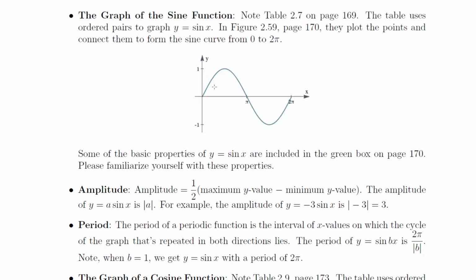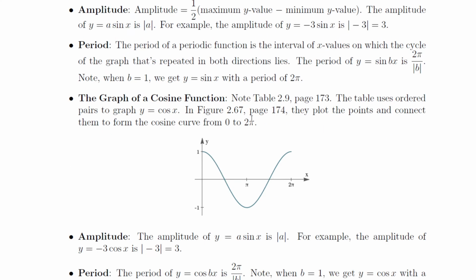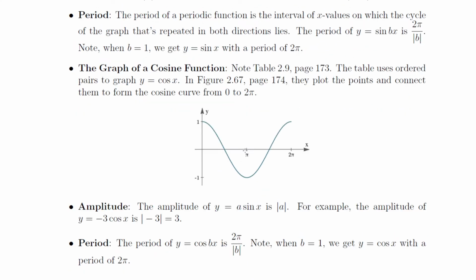The graph at the maximum is going to be shifted to the left by pi over 2. Sine and cosine are related in that way: cosine is just shifted to the left by pi over 2, or you could think of sine as shifted to the right by pi over 2. It's all relative. So that's the idea there.